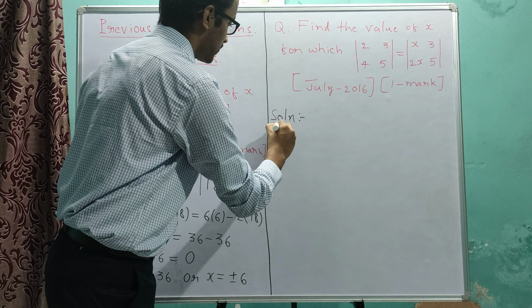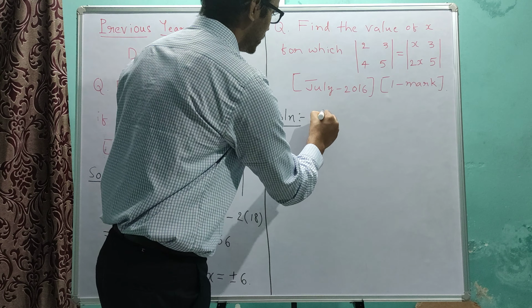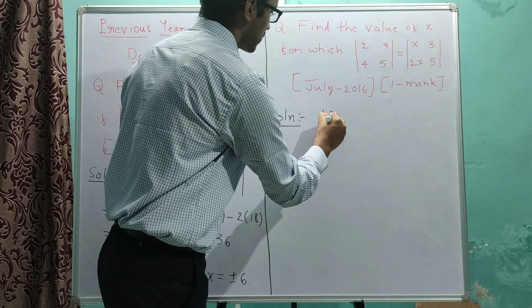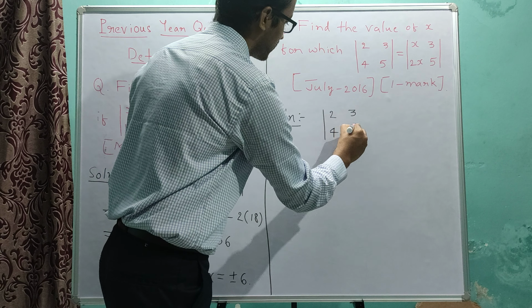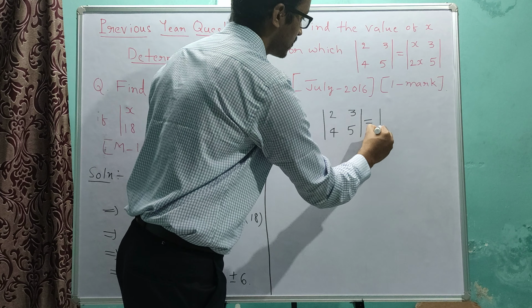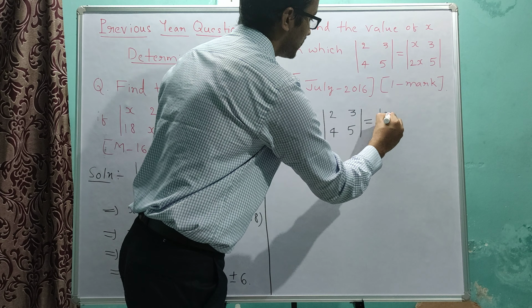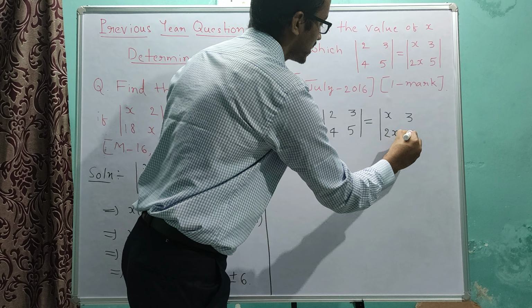Solution. Given the determinant of 2, 3, 4, 5 is equal to the determinant of x, 3, 2x, 5.